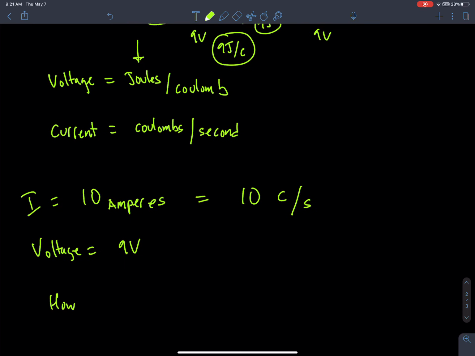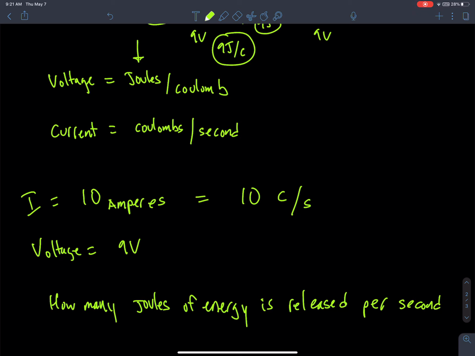So how many joules of energy is released per second in that circuit? So here's a circuit where I have 9 volts and 10 coulombs per second.